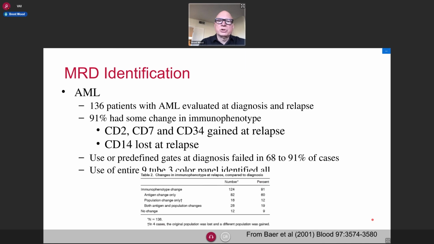With more modern approaches, this has probably been reduced to some degree, but nevertheless it emphasizes that there is a high degree of phenotypic change that occurs after therapy in AML. And so as a result, one can't rely exclusively on the pretreatment immunophenotype to identify populations of residual disease after therapy. Next.